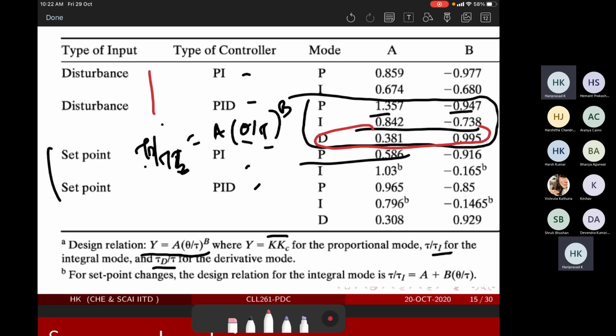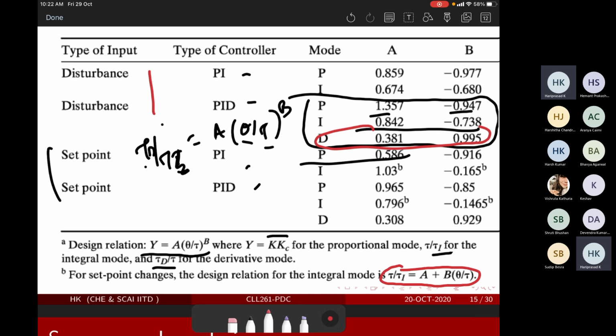Now look at the set point change. It's all the same, the only difference is that for the set point change, the integral mode condition is tau by tau I equals A plus B times theta by tau. So it is not A times, it is A plus B times.